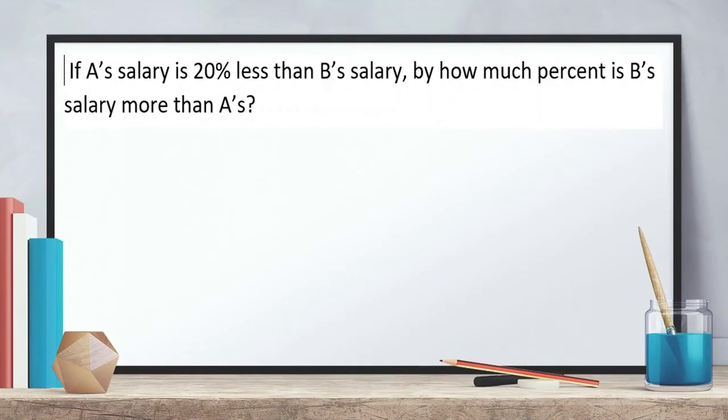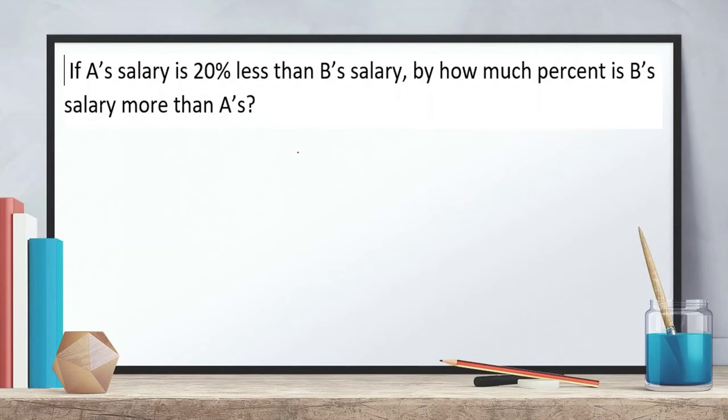The problem is, if A's salary is 20% less than B's salary, by how much percent is B's salary more than A's? If A's salary is 20% less than B's salary, by how much percentage is B's salary more than A's?